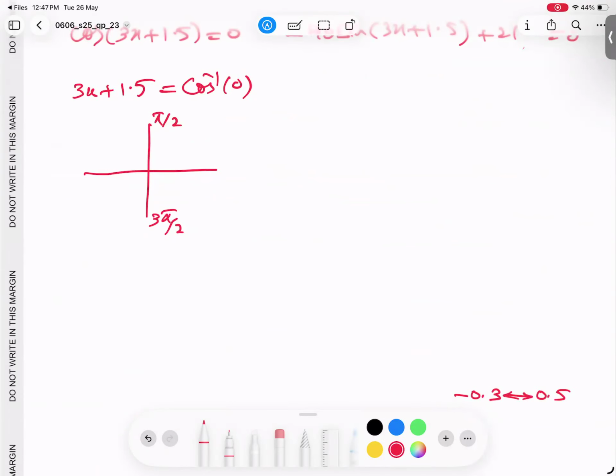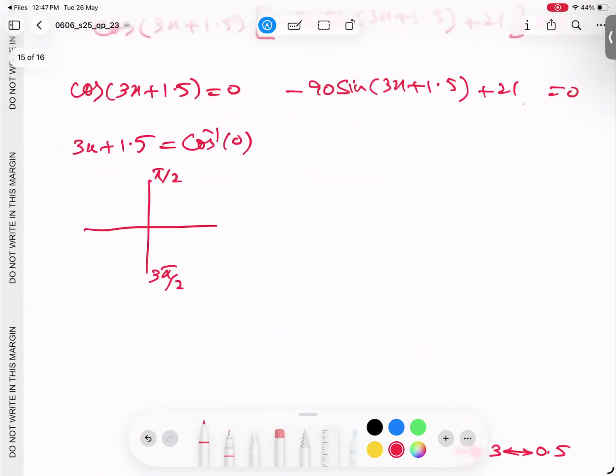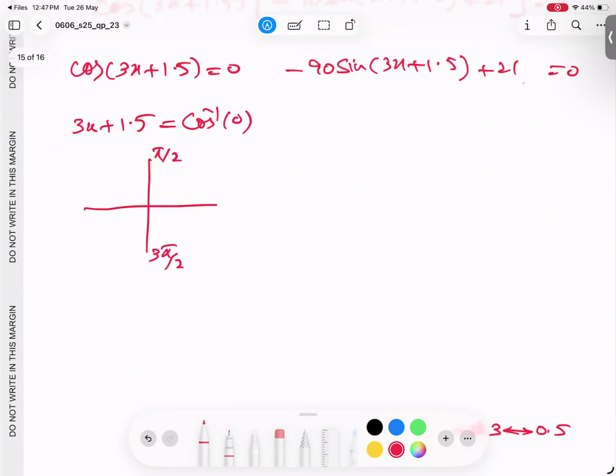So let's start. First of all, pi by 2, I'll go for it. 3x plus 1.5 is equal to pi by 2. I'm writing here pi by 2. And I'm writing 3 pi by 2 also. I think 3 pi by 2 may cross the limit, but still I check it. Now the other one.